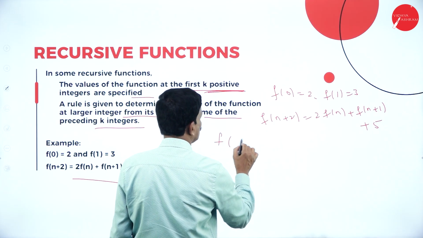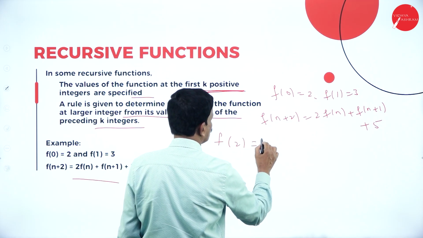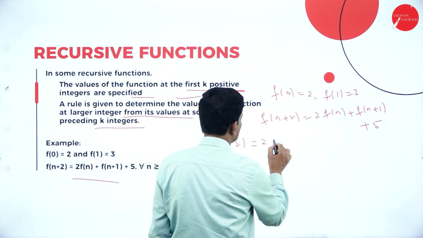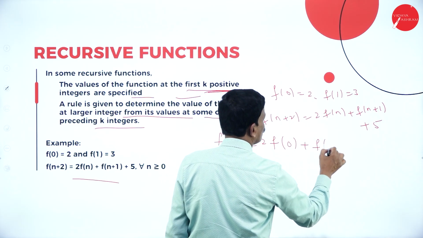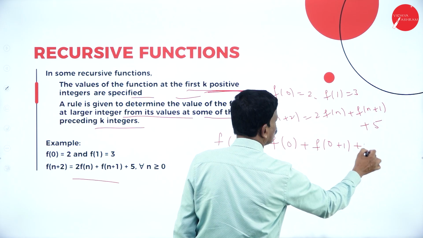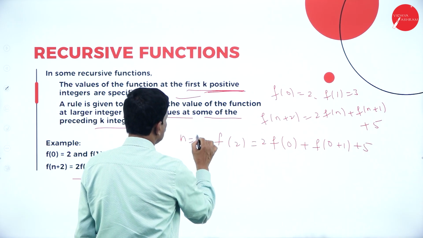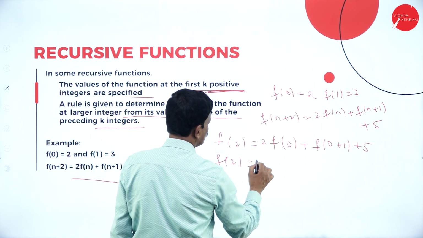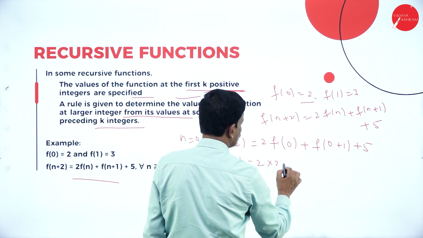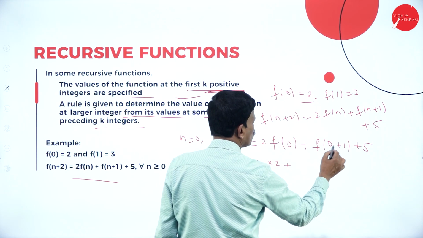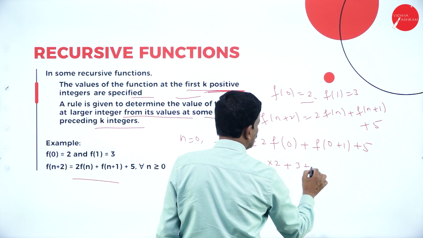0, then this becomes 0 plus 2, which is 2. f of 2 is equal to 2 times f of n, n is 0, plus f of 0 plus 1, plus 5. Just put n is equal to 0. Then f of 2 is equal to 2 into f of 0. What is f of 0? f of 0 is 2, plus f of 0 plus 1, which is f of 1, is 3, plus 5.